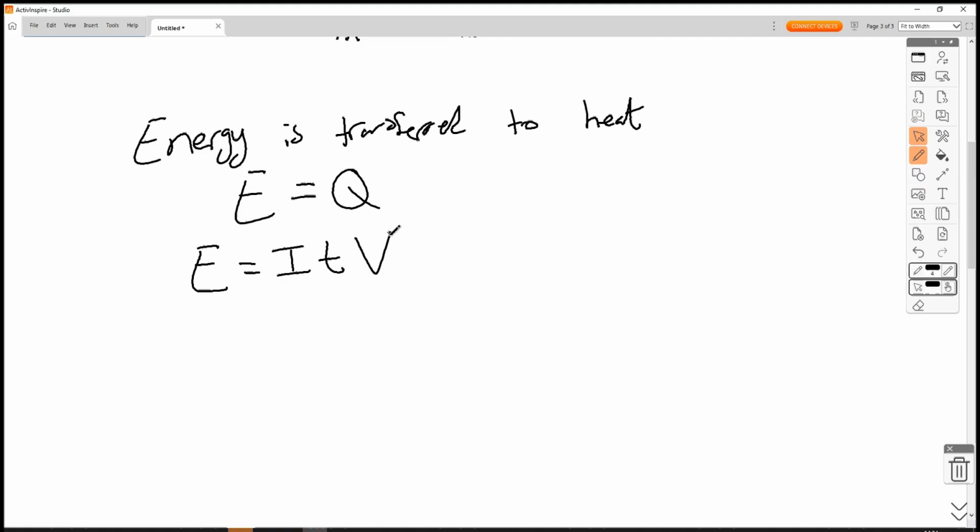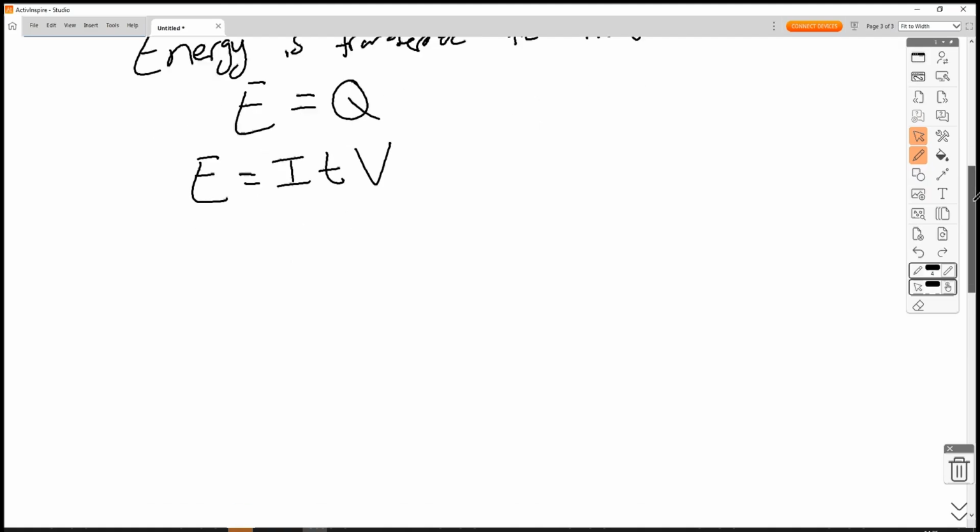Now, that energy that's turned into heat doesn't all actually go into the aluminium block. So we have some amount of energy in, some of it goes into heating the block, some of it is lost to the environment, to the air in the environment.